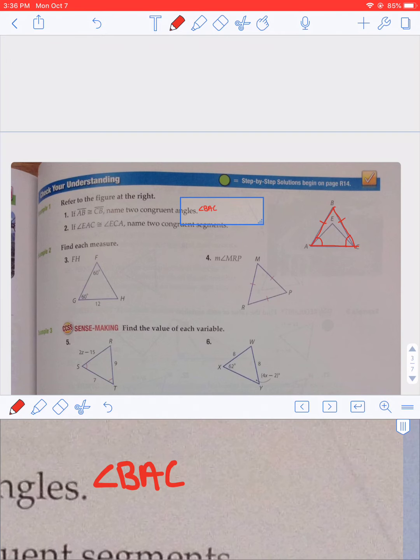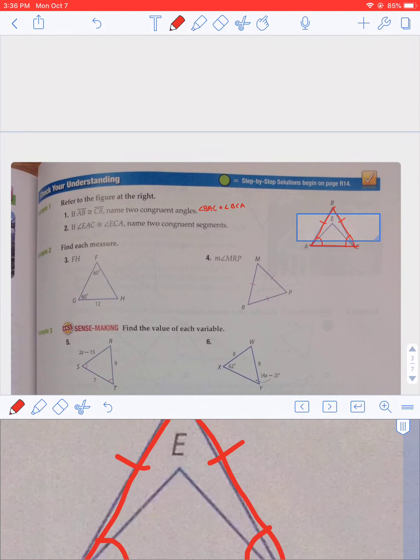And I should have put a little angle measure. Okay, so I'm going to clean up our diagram here.